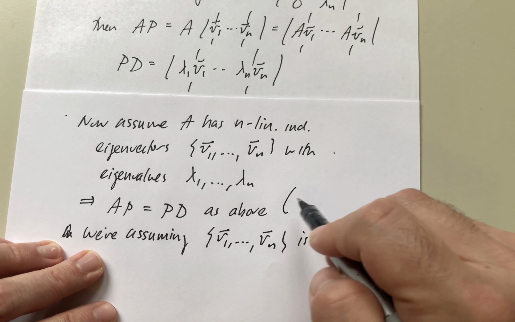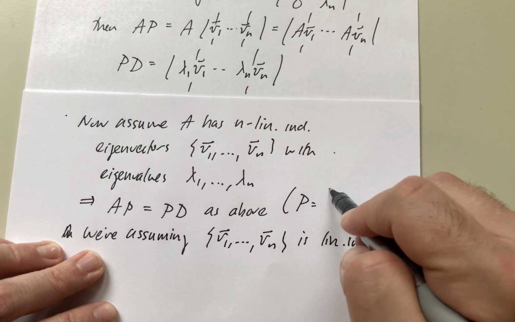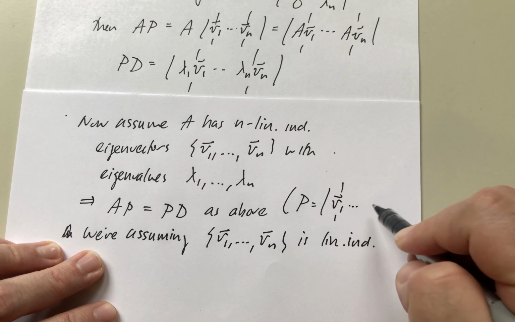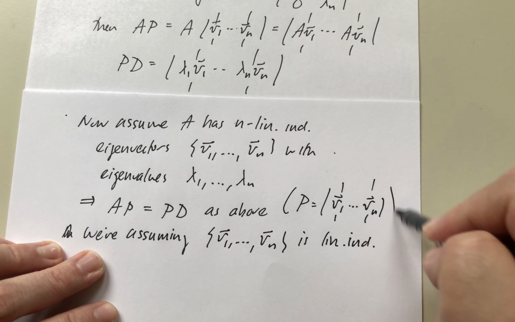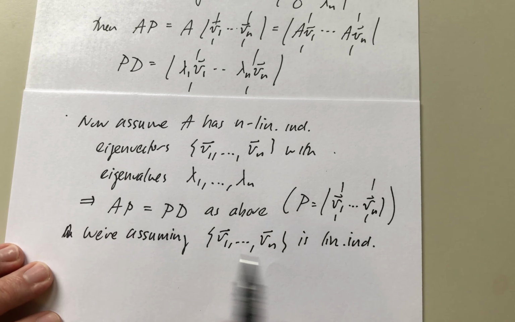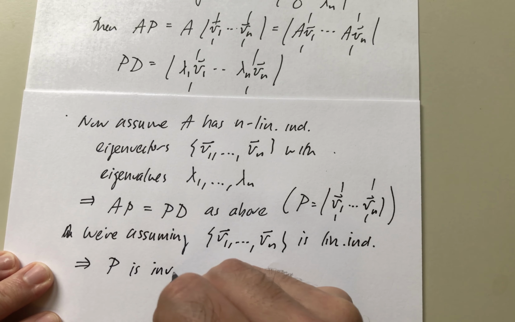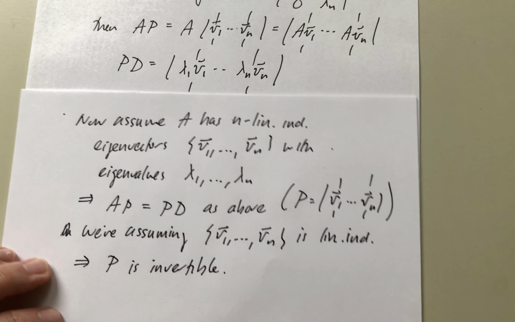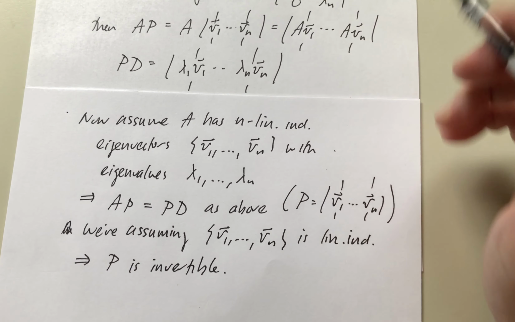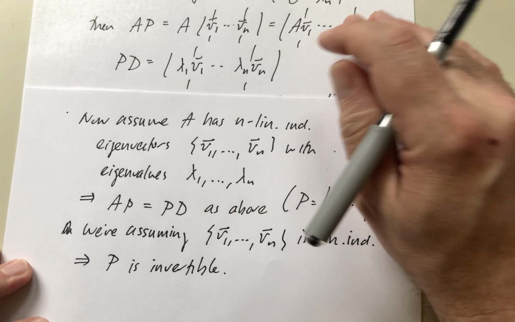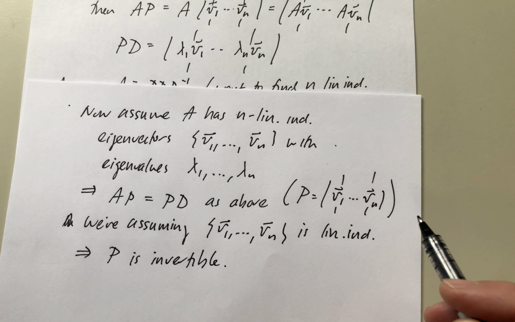As above, the matrix P has its columns given by those eigenvectors, and we're assuming that collection is linearly independent. What that implies is that P is invertible, because it's an n by n matrix with a linearly independent collection of columns.